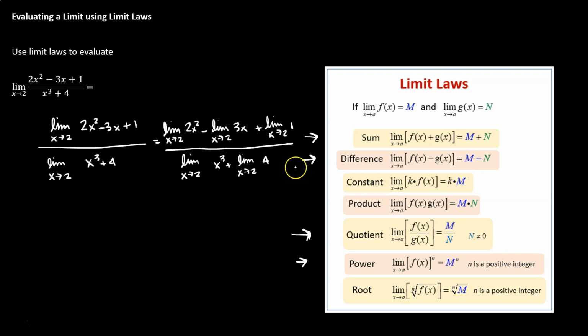Now that I have those terms separated, I'll check and see if there's anything that can be evaluated as it's written, just to make things simpler to write out. And I see two. I see the limit of a constant here. That constant is 1, so that limit would be equal to 1. And I see the limit of a constant here. That constant is 4, so that limit would be equal to 4. So let's go ahead and rewrite those limits of constants so that they're easier to see here in our algebra mess.